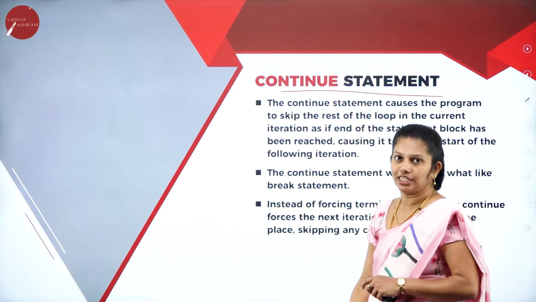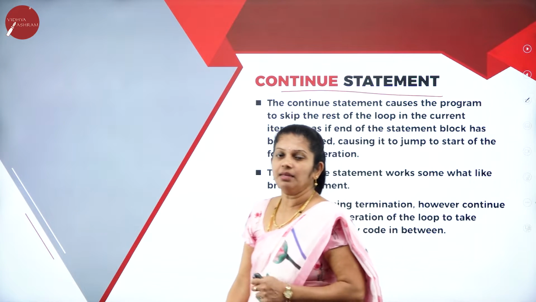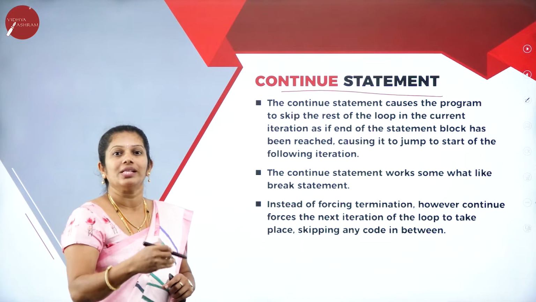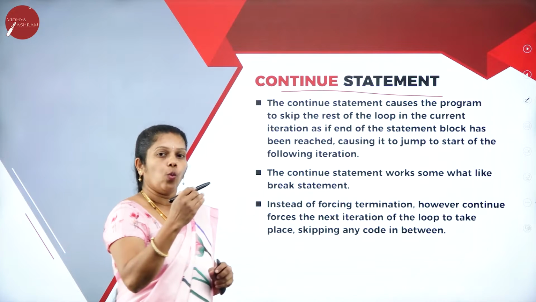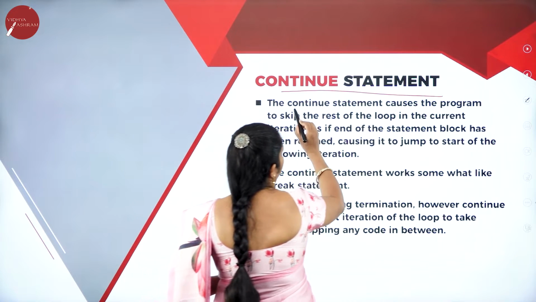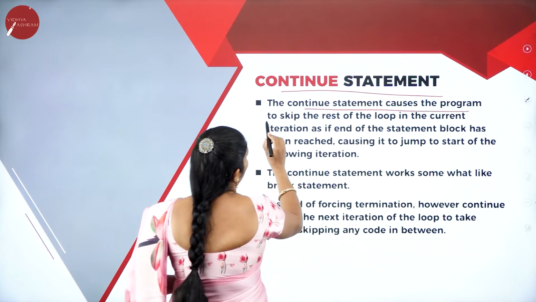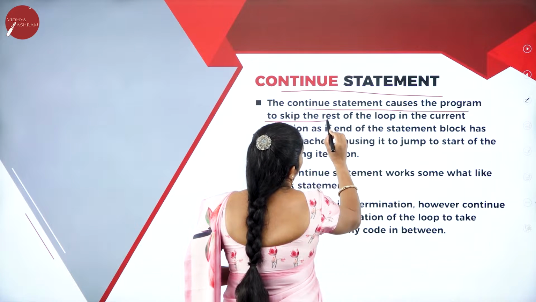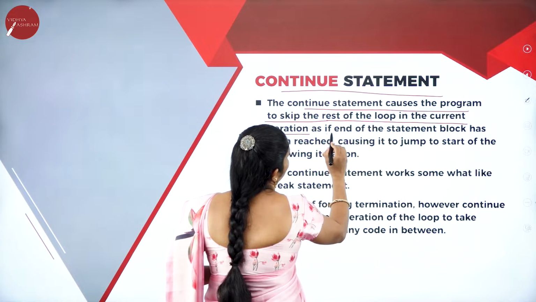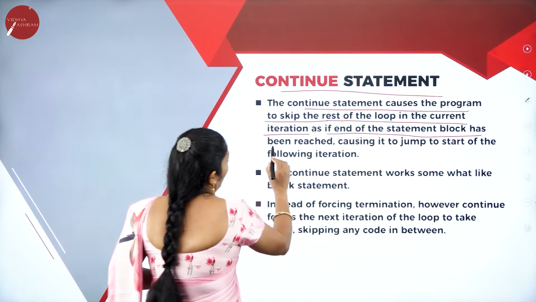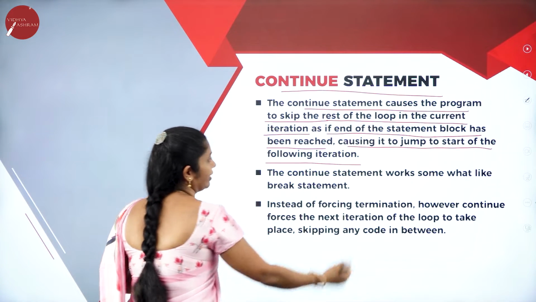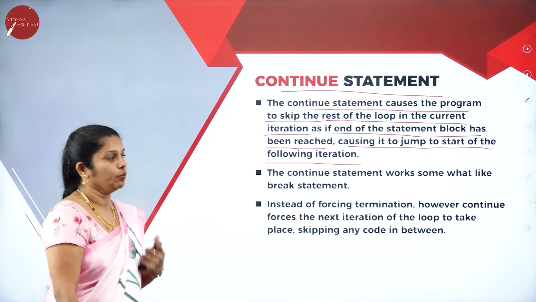What exactly does the continue statement state? The name itself suggests continue. It means that we are continuing the same process once again. The continue statement causes the program to skip the rest of the loop in the current iteration, as if the end of the statement block had been reached, causing it to jump to the start of the following iteration.